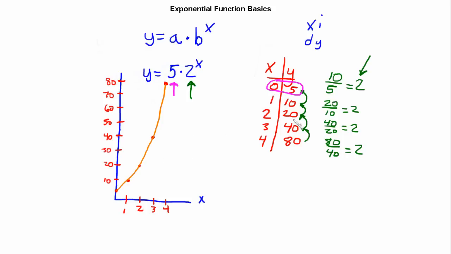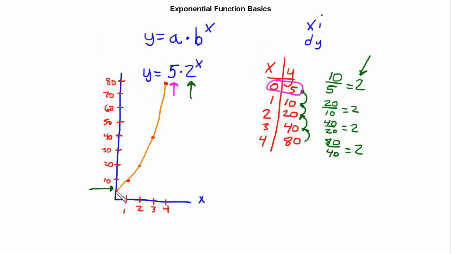Remember, our first critical point that we were looking for is our a value, and we found that at 0. When x is 0, what is y equal to? In this case, it was 5. So our a value is 5. On our graph, you can probably imagine that point is going to be right here, right on the y-axis.